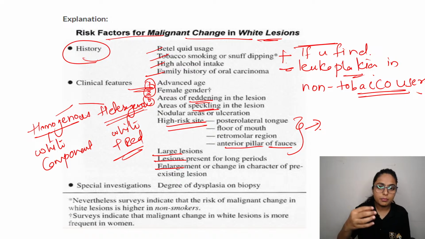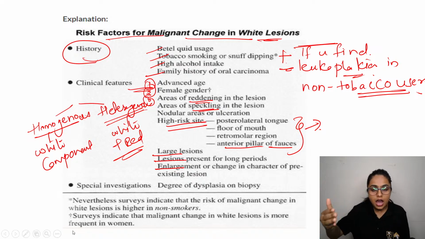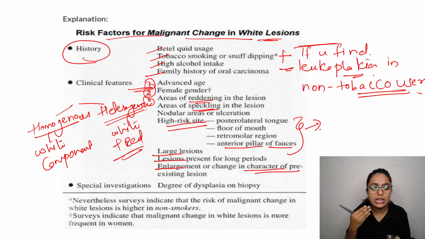Say a patient comes to you and you see a homogeneous type of leukoplakia. You follow up the case after say 1 month or 1.5 months, and you see red components in that homogeneous leukoplakic lesion. You have the red flag, and you will immediately order biopsy, because this change in the characteristics of pre-existing lesions has a higher potential for conversion into cancer or malignancy.